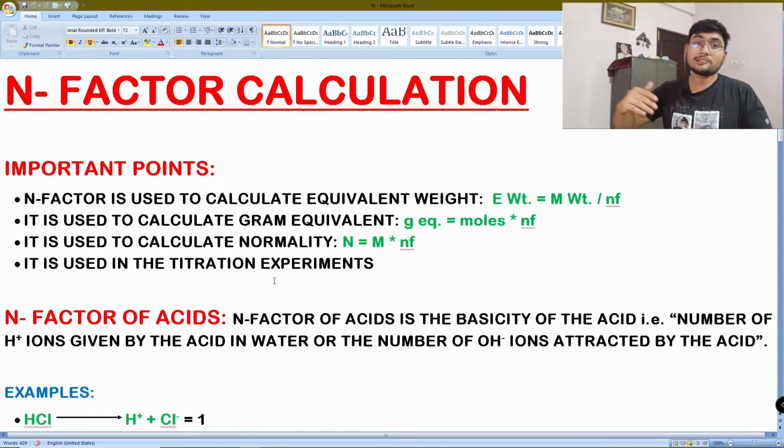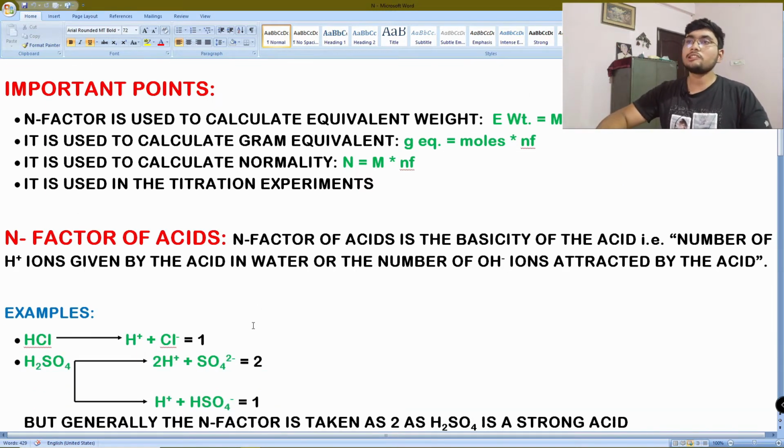Now let us see how we can calculate n factor for various elements. First of all, I am going to tell you how you can calculate n factor for acids. The n factor of an acid is its basicity. Now what is the basicity of an acid? The basicity of an acid is the number of H+ ions that it liberates in water.